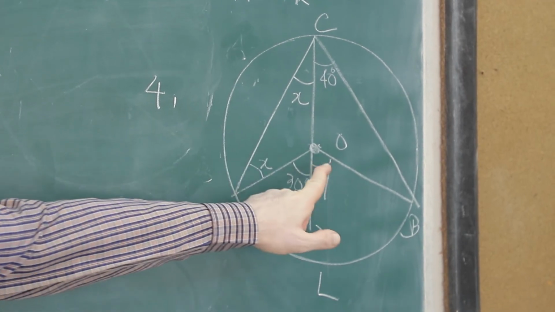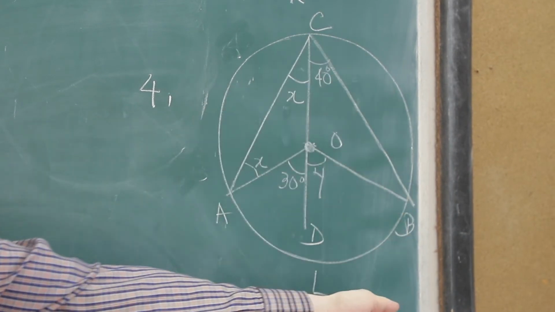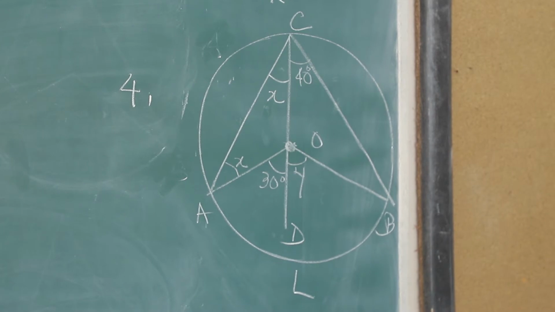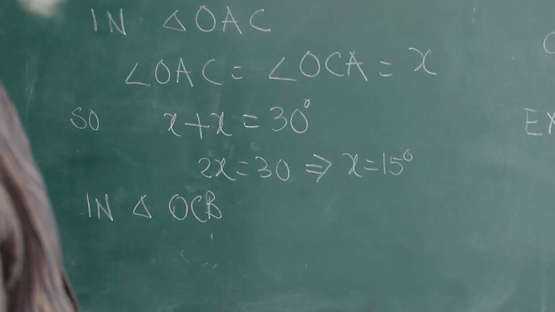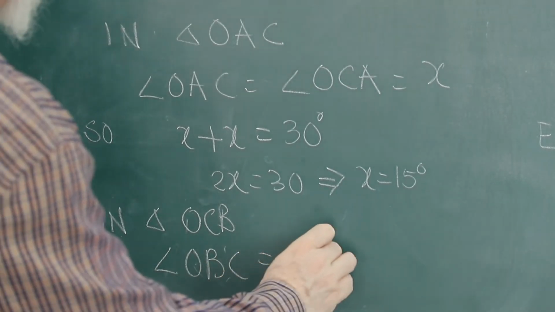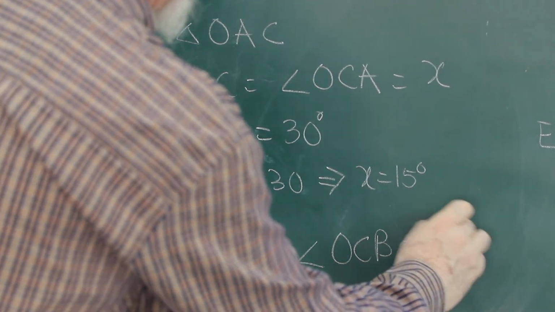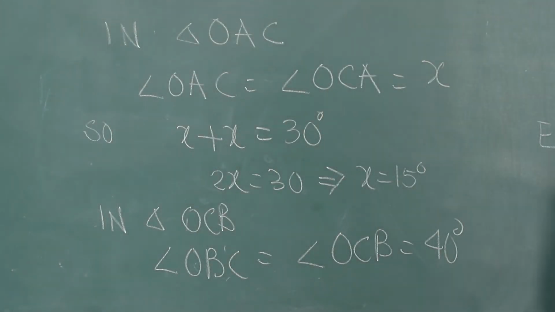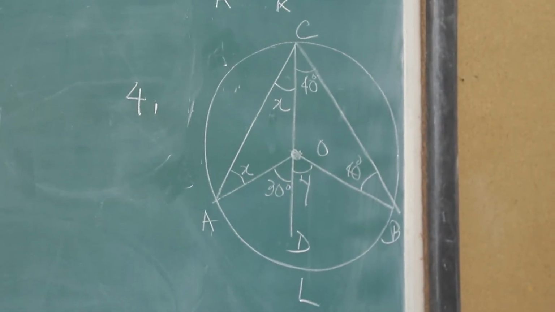Now I have this angle Y. I will do the same thing to triangle OCB. In triangle OCB, I'll say angle OBC will be equal to angle OCB will be equal to 40 degrees. Because this was given 40 degrees, so this will also be 40 degrees.